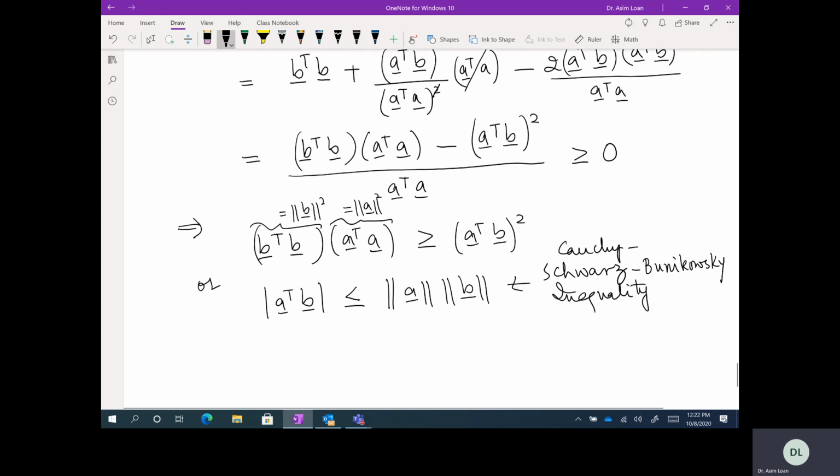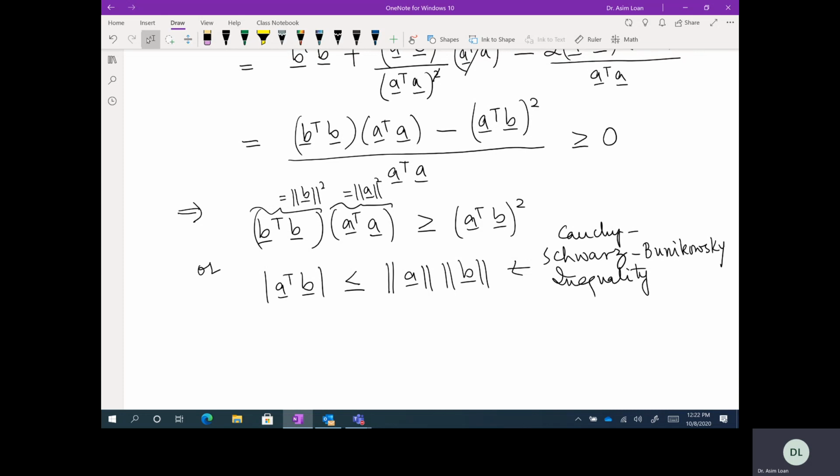Probably you're more familiar with the Cauchy-Schwarz thing. Or this is also equal to, but what is A transpose B?